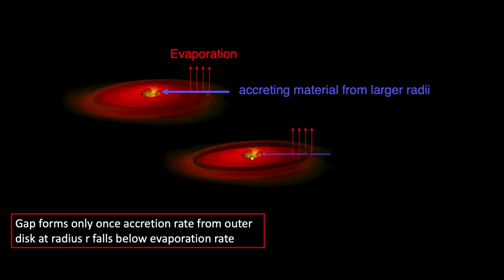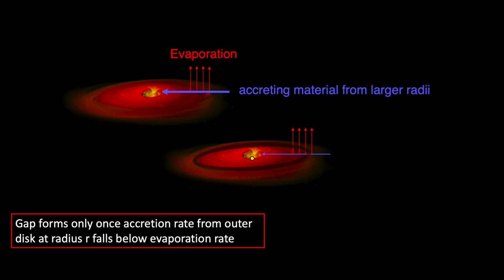But at some point, the replenishment of mass from the outer disk decreases because there's just no material left out there, or not much. But the evaporation is a totally different process. It just happens anyway, with any material that you have here. So at some point it could happen that the evaporation rate is larger than the accretion rate at this point.